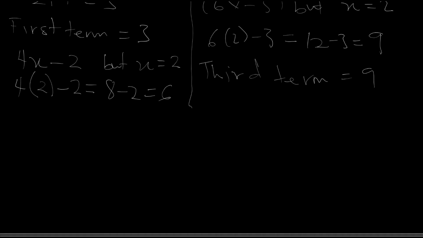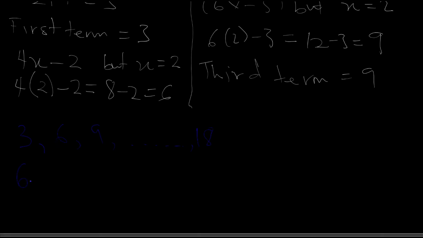So now we have 3, 6, 9 to 18. Now we need to find our common difference. Like I said, when we subtract the first term from the second term, our answer should be equal to when we subtract our second term from our third term, and hence the name common difference. So the difference should be common.